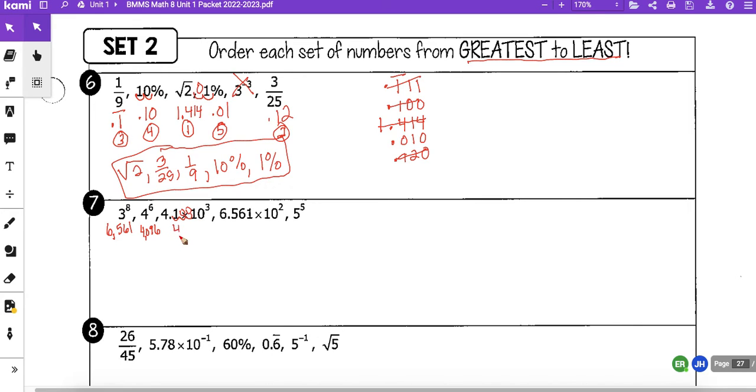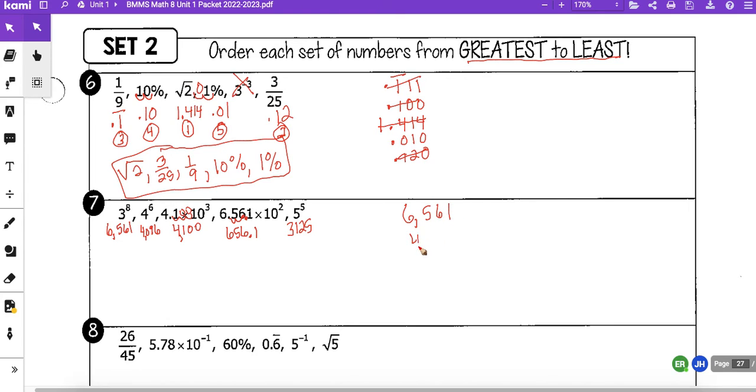And we have 4,100 or 4,100. And then this one, we're going to move it 2 places, 1, 2. So this is 656 and 1/10 because I moved it 2 places. So now it's between the 6 and the 1. And finally, 5 to the 5th power is 3,125.